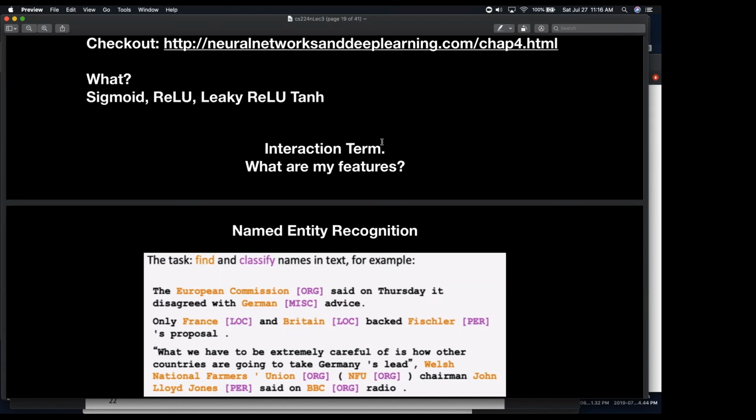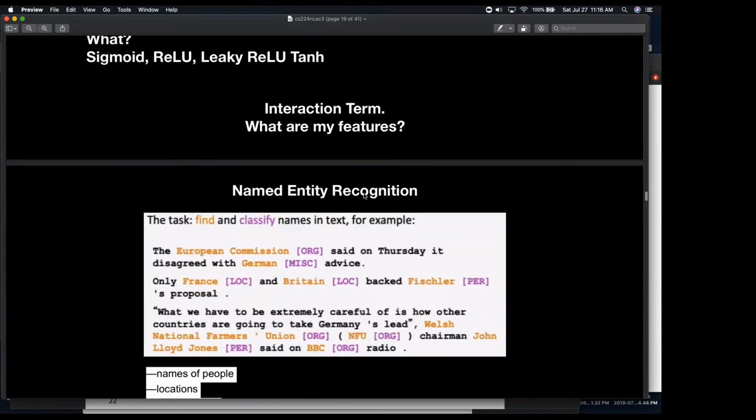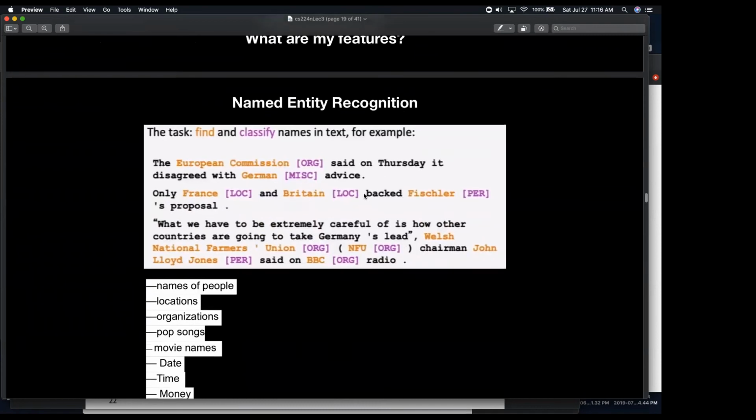The king, the queen, the boy, the girl were all represented by these colored vectors. But when you looked at these colored vectors, you didn't know what each color, or rather, if you looked down the column, what that column really represented. So that's a hard thing with this approach.